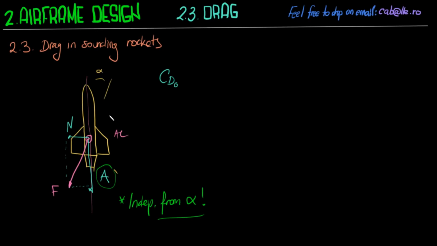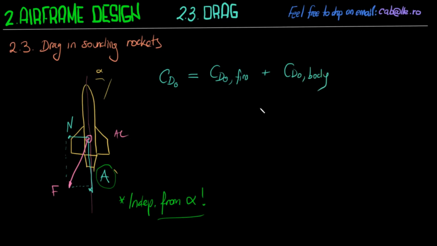We're going to treat the effects of the rocket independently. So the overall axial drag coefficient is going to be the axial drag force due to the fins, and then the axial drag force due to the body.